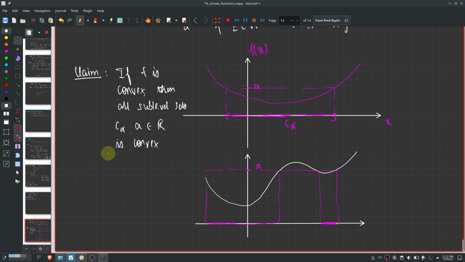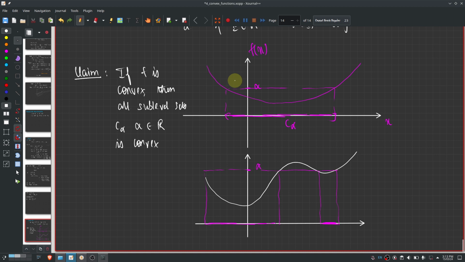It's not just for one particular alpha, it has to hold for all alpha. No matter what alpha I choose, C alpha is always going to be a convex set. Now if I choose alpha too small, for example alpha is negative in this particular example, I just get the empty set, and the empty set is convex.